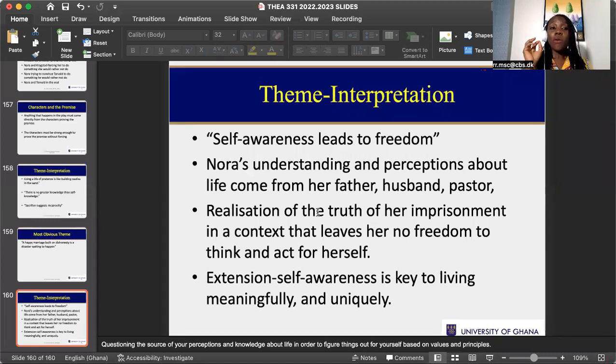And so what I want you to understand is that it is important to question the source of your perceptions and knowledge about life in order to figure things out for yourself based on values and tried and tested principles about life. You don't just take things on because that is the popular opinion. Oh, that is what society says it is good. Something that is true today may change tomorrow because there is new understanding.